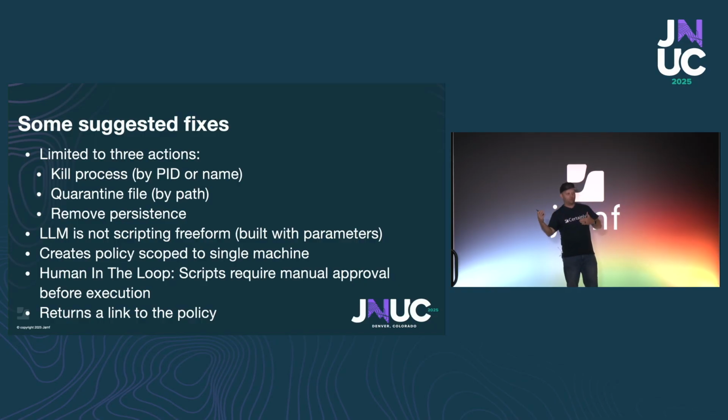It will persist through things like a reboot. And very often on Macs, those are done with things like launch agents and launch daemons and whatnot like that. So we can kill processes, quarantine files, remove persistence. It's not free-form scripting. It will then create that policy, scope it to a single machine, and there is human in the loop at that point.